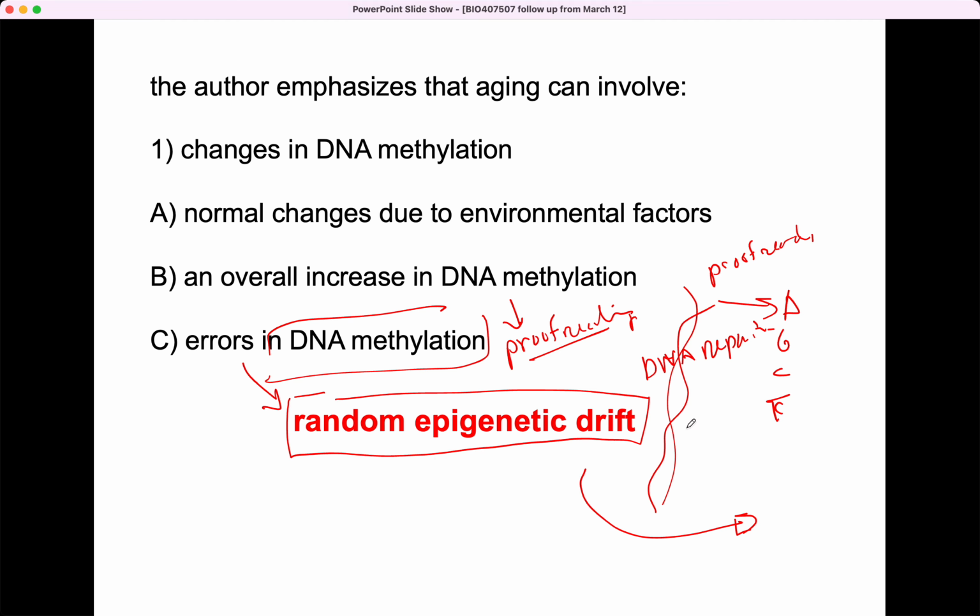There are random errors that are being made, and it's a lot more of this than there is of DNA mutations. And that author is emphasizing that this plays a role in aging. Although it wasn't summarized in Foxo's story like that directly, I think the Foxo story pointed out there's going to be a decrease in the cell cycle.